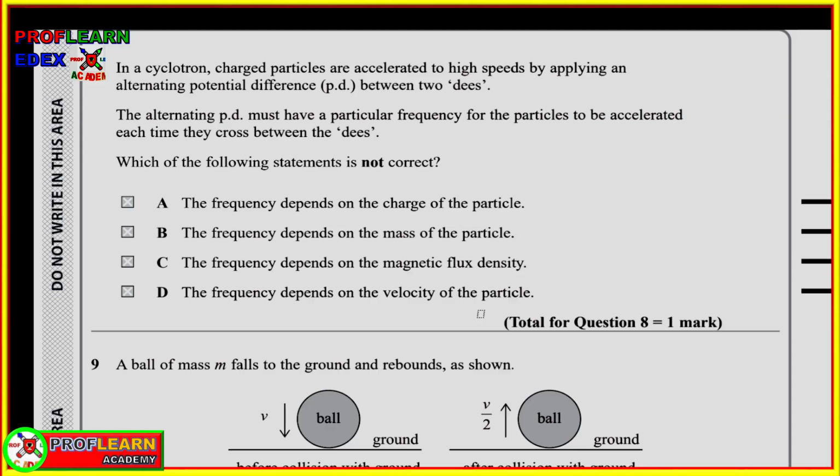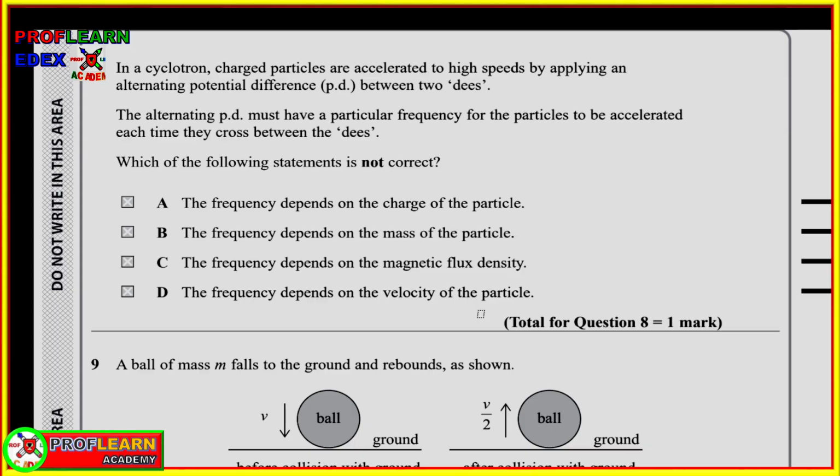The frequency depends on the velocity of the particle. So in this part, question number 8, frequency depends upon the velocity of the particle.